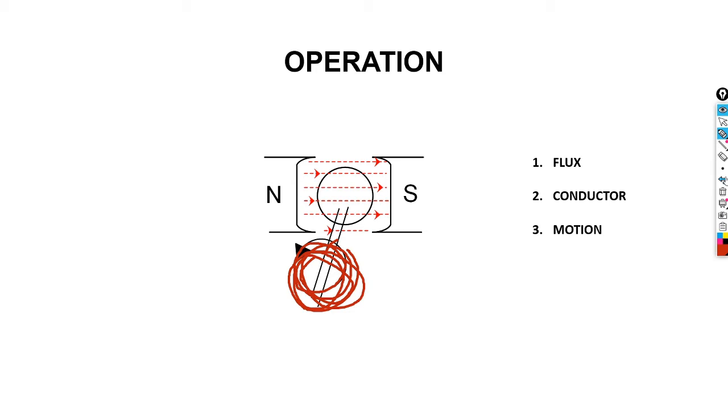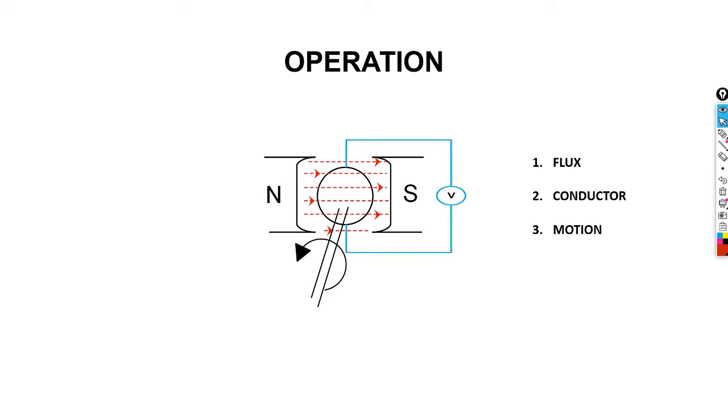When our conductor is rotating in the flux, it cuts the flux. When the conductor is cutting flux, there will be an induced EMF across it, so that when you come with a voltmeter, we can measure a specific voltage. That's how our DC machine operates as a DC generator.